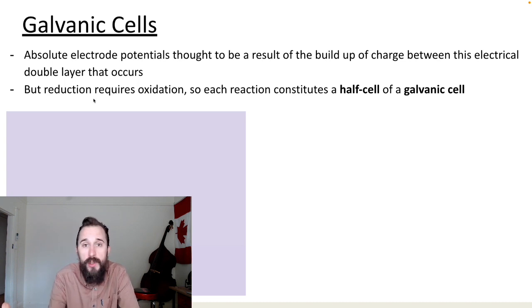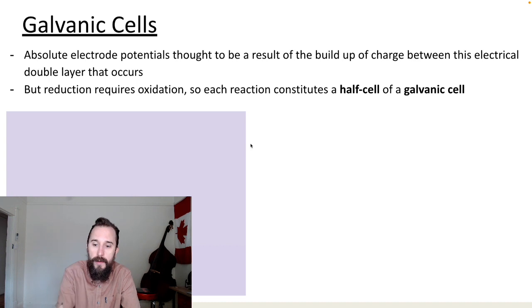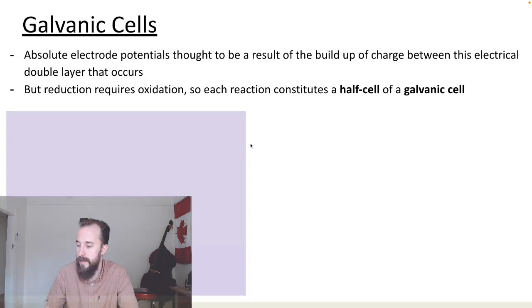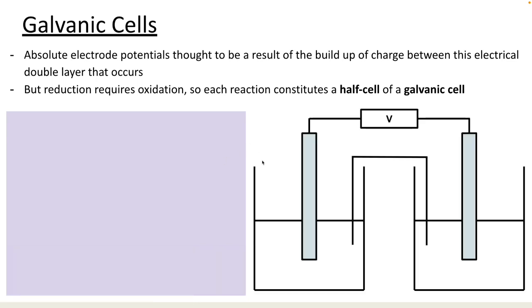But reduction requires oxidation, and oxidation requires reduction. So each reaction is only constituting a half cell of a galvanic cell. So you've got to put two of these together to get this whole system to be running. So let's have a look at what this looks like.